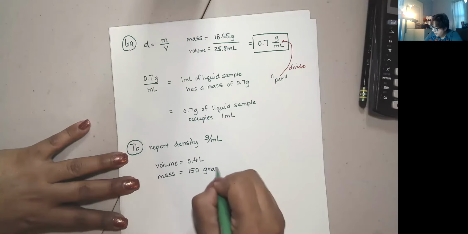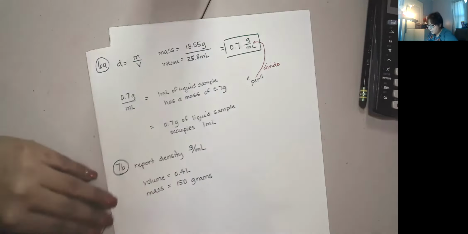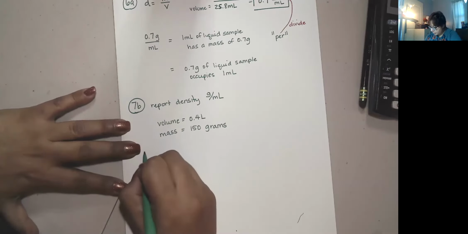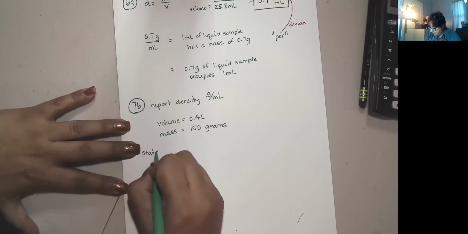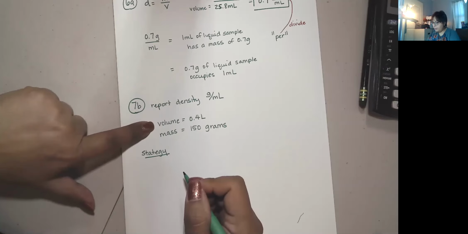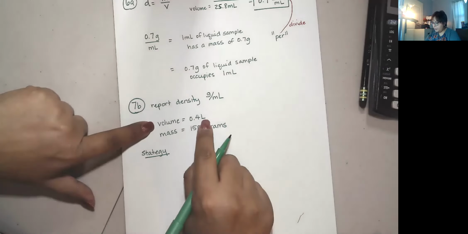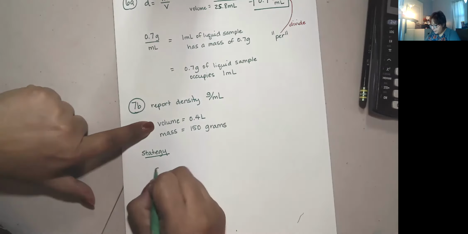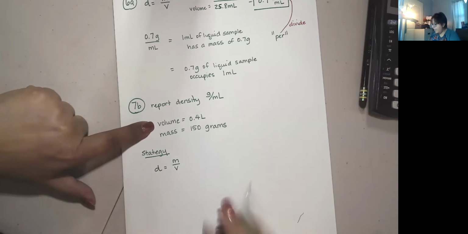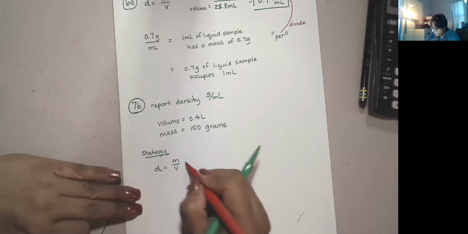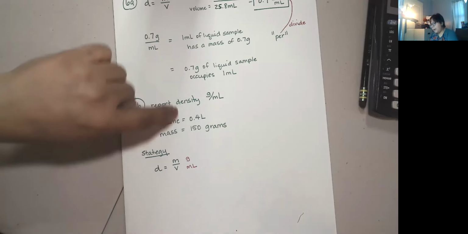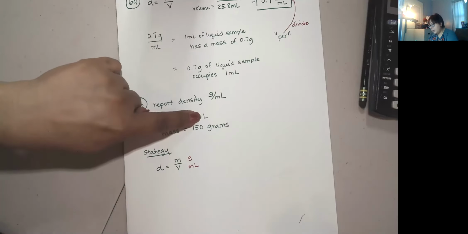There's more than one way to solve this problem, so I'll solve it a couple of different ways. Here's one strategy: convert directly into what you're going to need. Remember, density is mass over volume. According to the problem, we want this in grams and this in milliliters, but the problem gives it to us in liters.